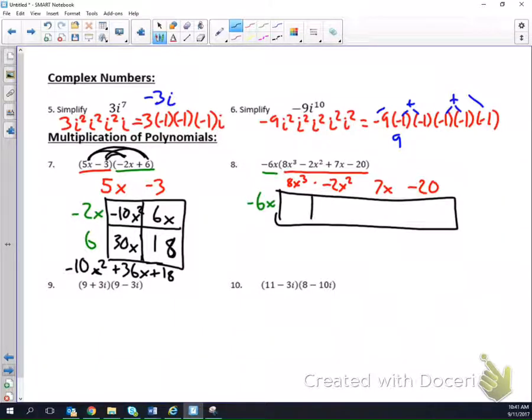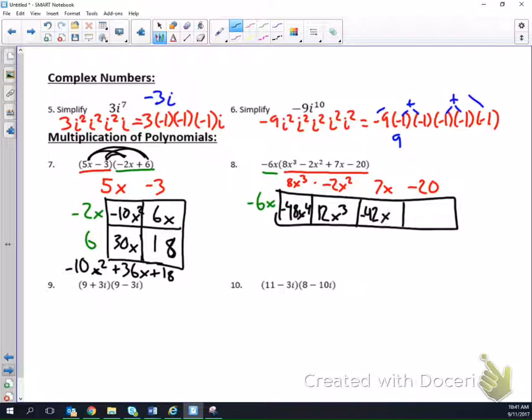Okay, so negative 6 times an 8 will be negative 48. X times an x cubed, x to the power 4. Negative 6 times negative 2, positive 12. X times x squared is x cubed. Negative 6 times 7, negative 42.